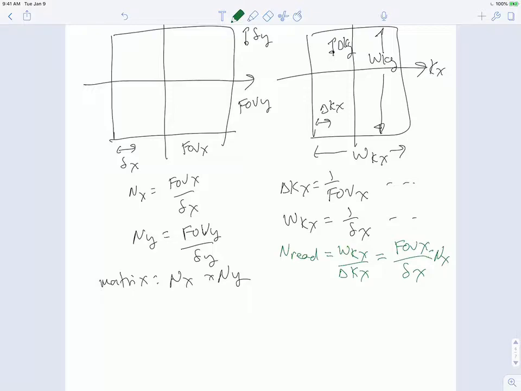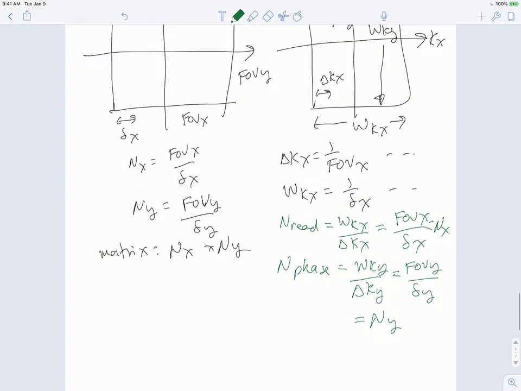Same thing for the number of phase encodes: Wky over delta ky, which is FOV of y over delta y, and that equals ny. That's nice. For these problems, you can check your answer, because if you have a different number of samples in k-space versus image space, that means you made an error.